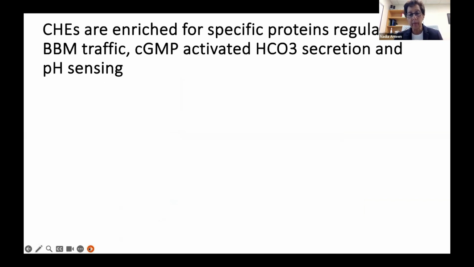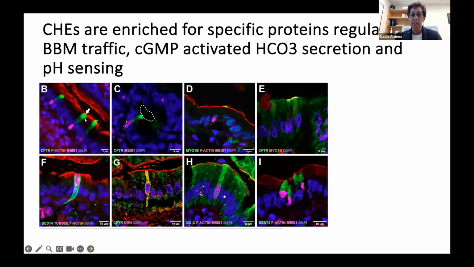So what have we learned about these cells from the single cell data? These cells are enriched in genes and proteins that regulate brush border membrane trafficking, pH sensing, and cyclic GMP activated bicarbonate secretion. As I showed you before, myosin 1A is absent in these cells, but they traffic robustly.